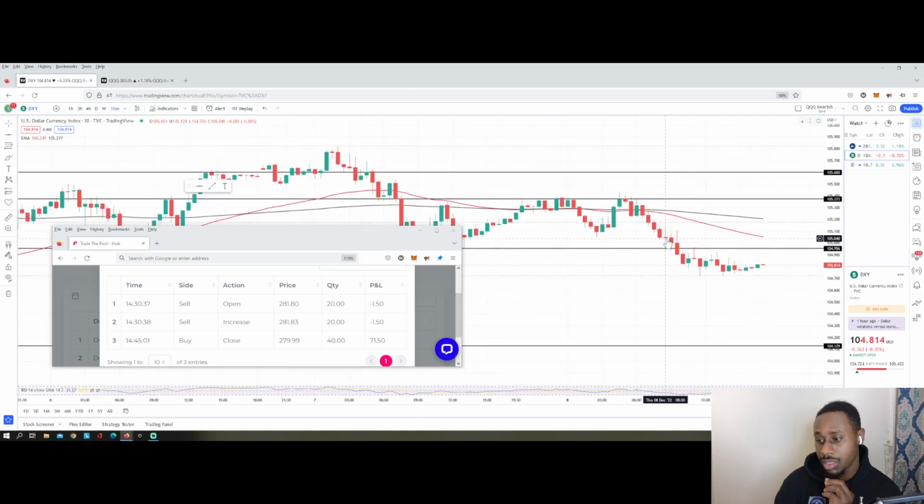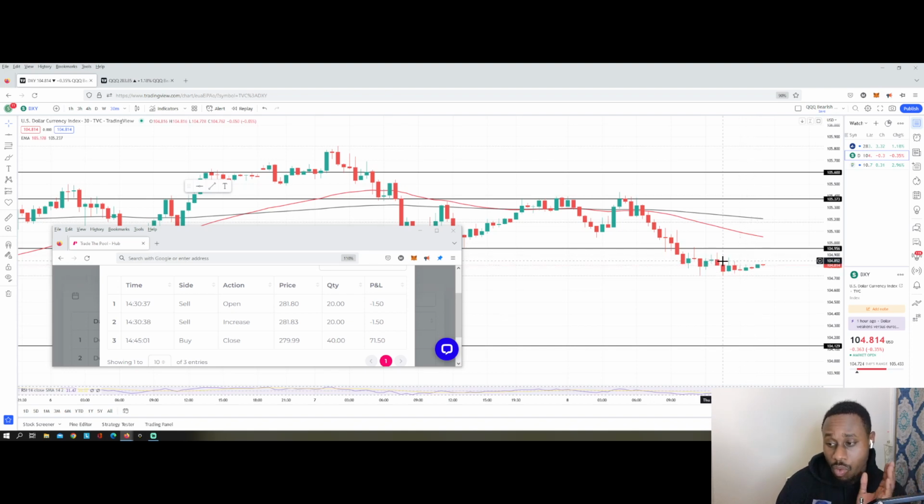Exactly. So this is 8:30, 9:30. During this session, you have the dollar bouncing up. While the candle was forming today, I saw a huge point of rejection. It's interesting to note that the dollar was bearish today, which made QQQ bullish.